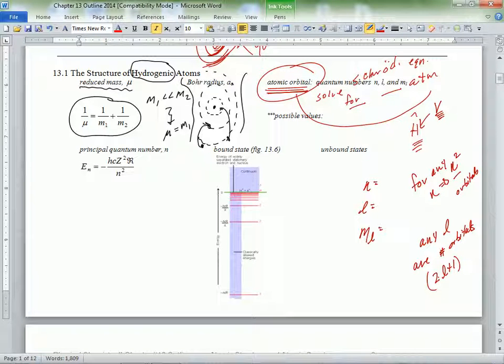If you pick an L, what are all the different possible M sub L's? They go from negative L to positive L. So add up all those, and you get 2L plus 1 orbitals. If you get a different M sub L, you have a different orbital. We talked about that.